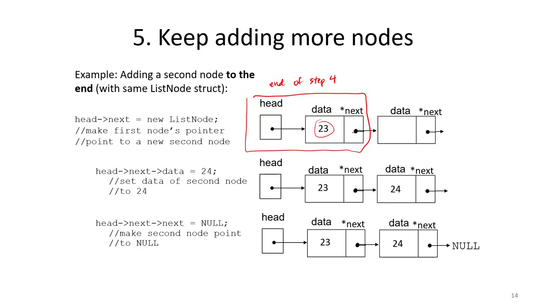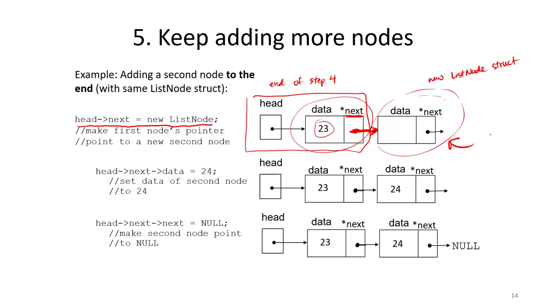But notice what I can do. Instead of making this next pointer point at null, I can write the code head arrow next equals new list node. That's going to take this next pointer, go where head points, find our next pointer, and make that next pointer point to a new list node struct.